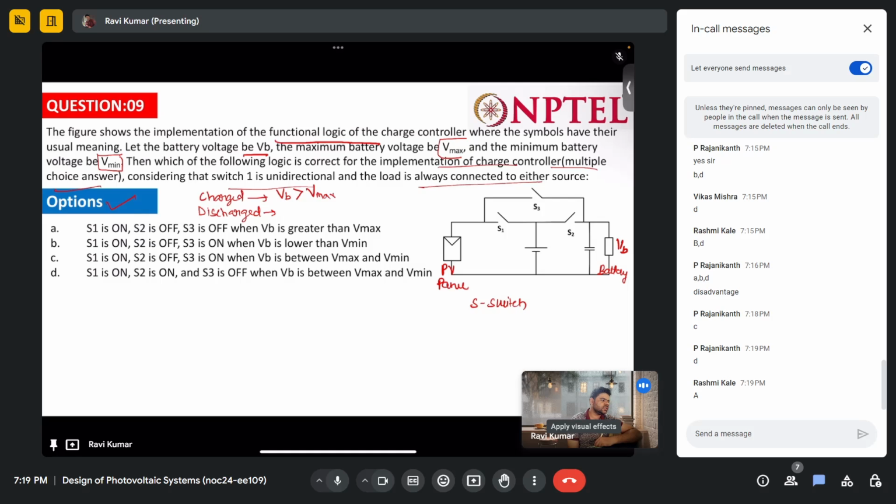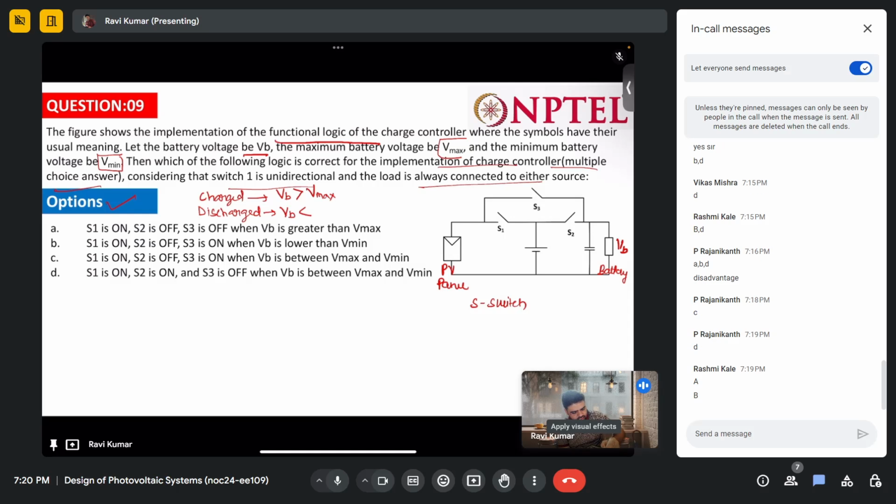When the battery is fully discharged, okay, I'm just seeing your responses C, D, A. The condition should be VB less than V minimum.